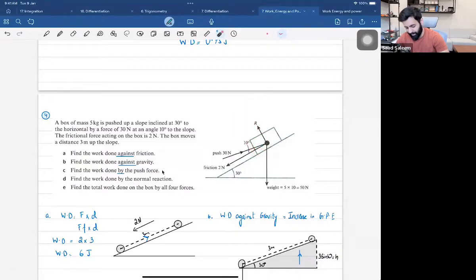Why? Because this object does not move in this direction. The direction in which it's moving is up and down the plane, parallel to the plane, not perpendicular to the plane. So because the object is not moving in the direction the normal reaction force is acting, the distance is 0, and therefore the work done is 0.